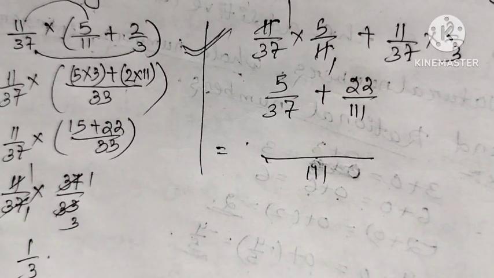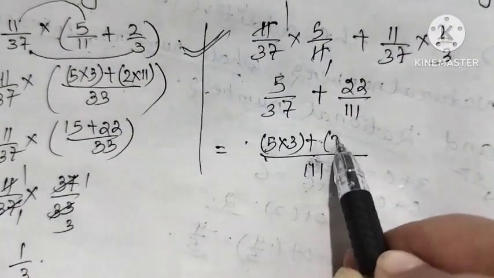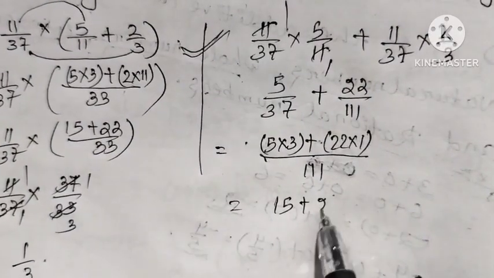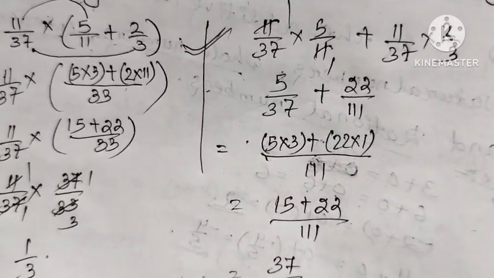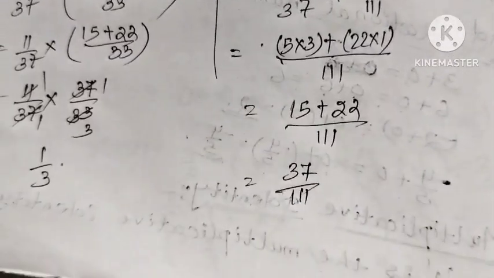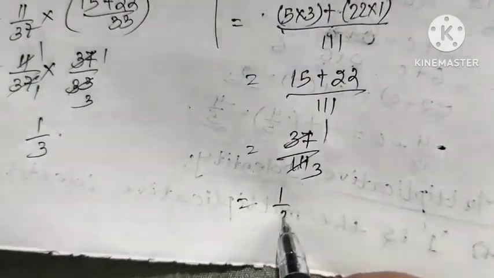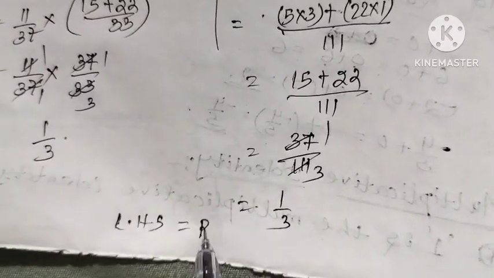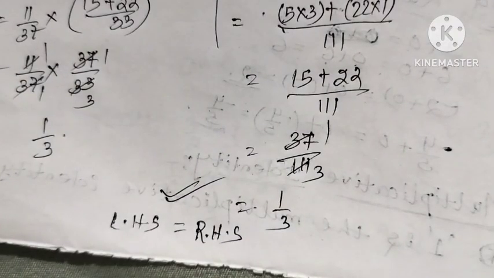Then 5 into 3 plus 22 into 1. Then it is 15 plus 22 by 111. Then 37/111. What is it? 37/111. Then 37 ones are 37, 37 threes are 111, 1/3. Both LHS is equal to RHS. Then both are equal, so the distributive property is satisfied.